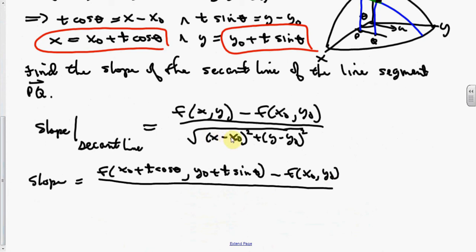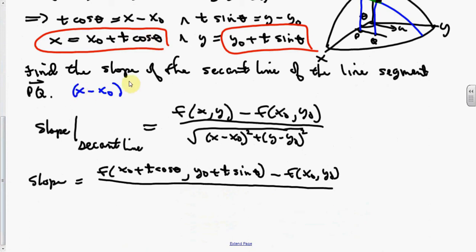Now, if you take that square root, notice what the square root is. If I get from what's in red, these two boxes, if I solve for x minus x naught squared, let's see, x minus x naught, would you agree that that's t times cosine theta?